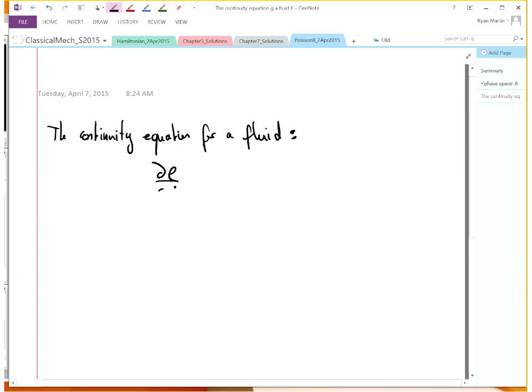So the continuity equation for a fluid is that ∂ρ/∂t, where ρ is the Greek letter rho, plus the divergence of ρv is equal to 0.